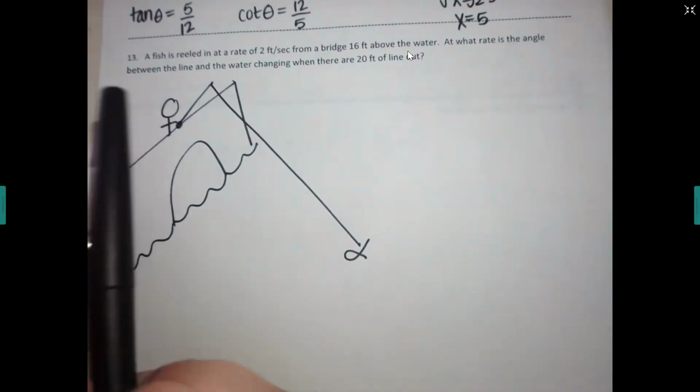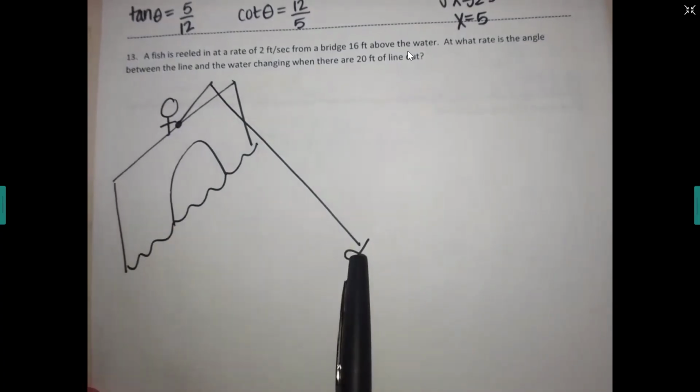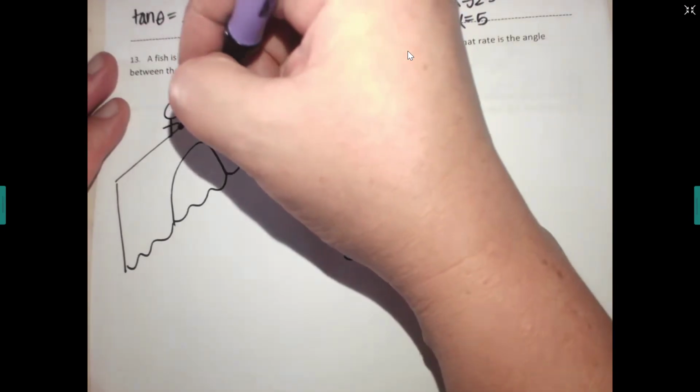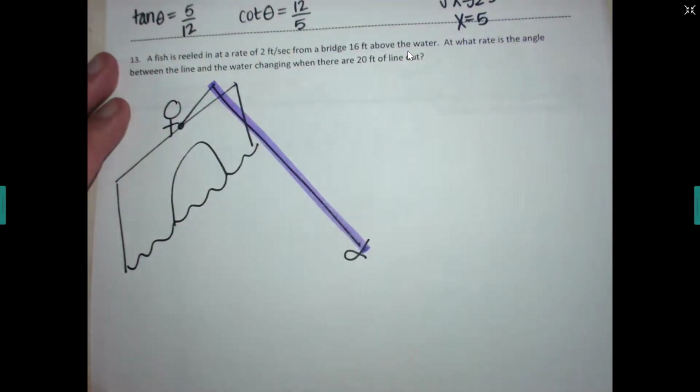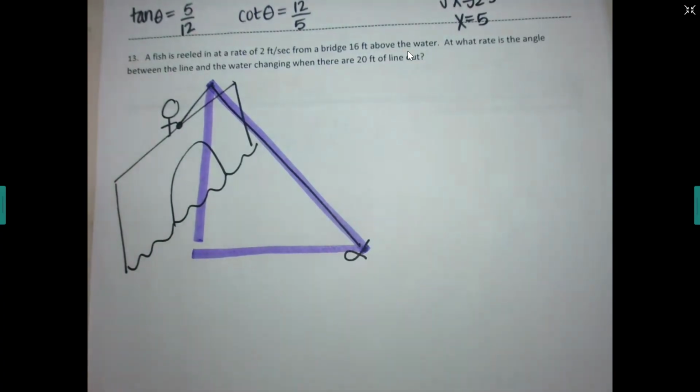So you have bridge, fishing line, and then fish. Okay, I want you to draw a little triangle. Okay, we're gonna do the fishing line here, the height of the bridge, and then how far away the fish is. So you made a right triangle.